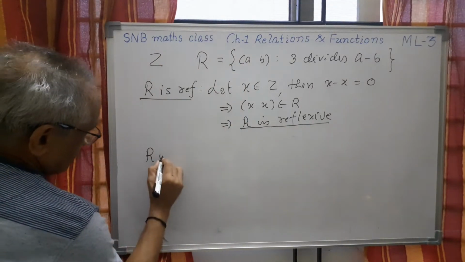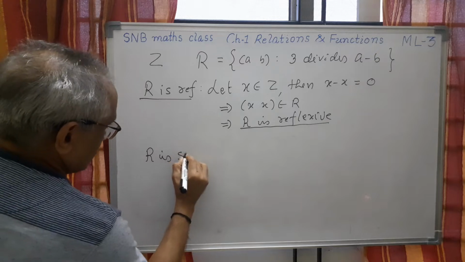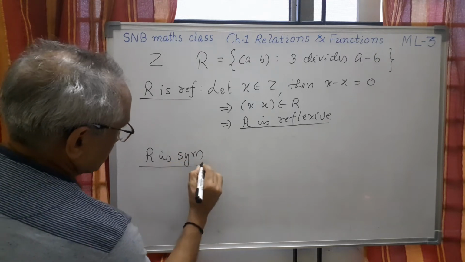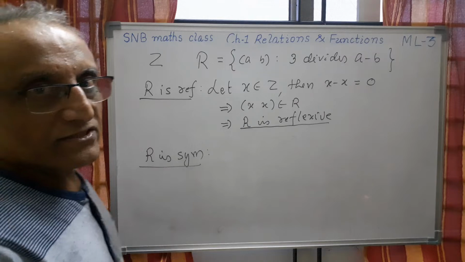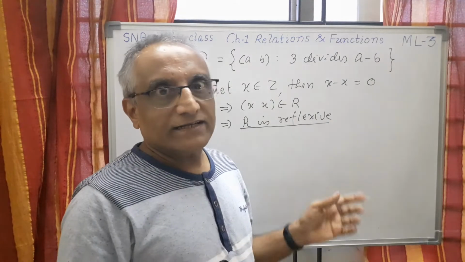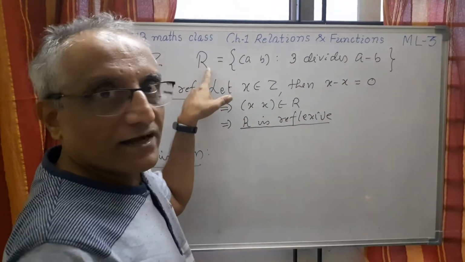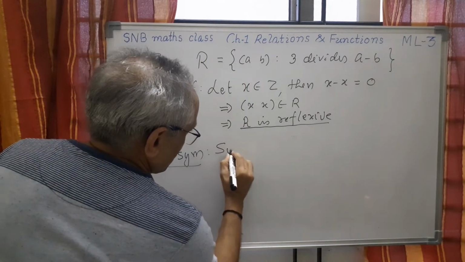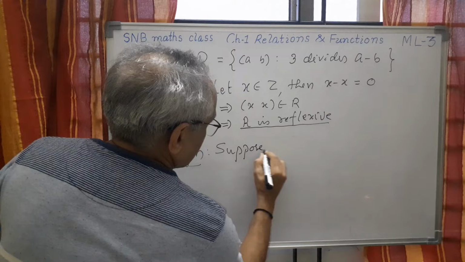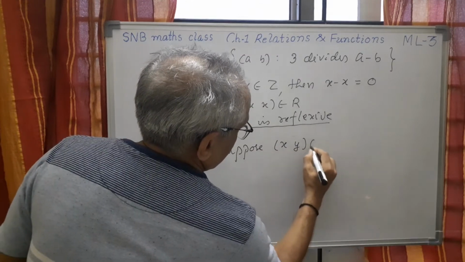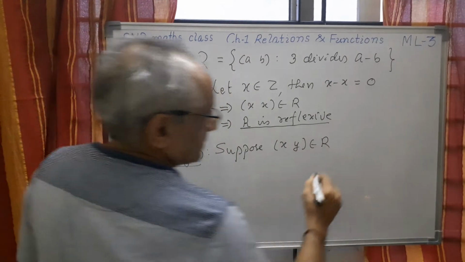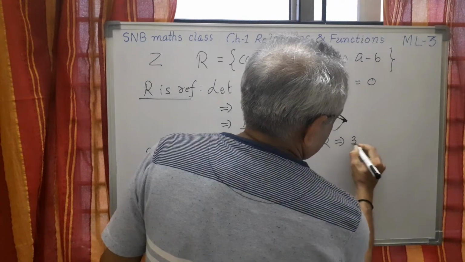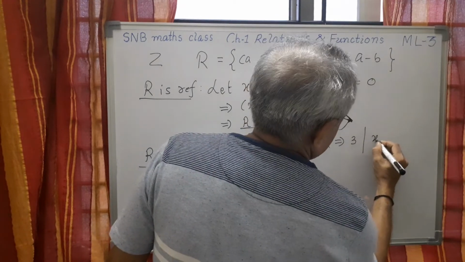Second, R is symmetric. We can prove it like this. The definition of symmetry says whenever (x, y) is in R, I have to show (y, x) is in R. Therefore, suppose (x, y) belongs to R, this implies 3 divides x minus y.